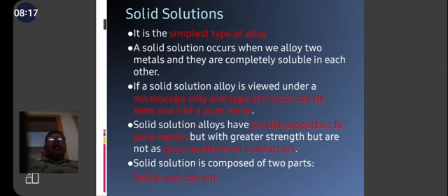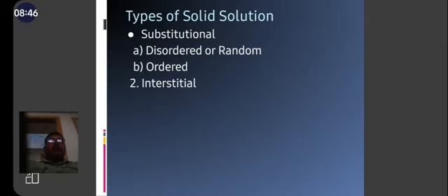Under a microscope, only one type of crystal can be seen, just like a pure metal. Solid solution alloys have properties similar to a pure metal but with greater strength, though they are not as good as electrical conductors. A solid solution is composed of two parts: solute and solvent.